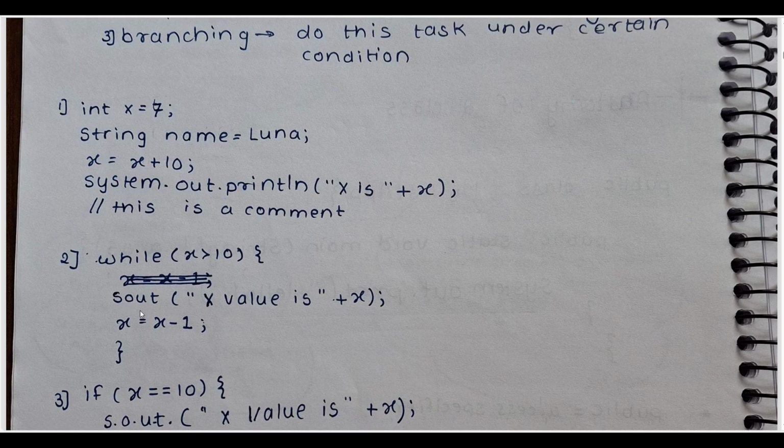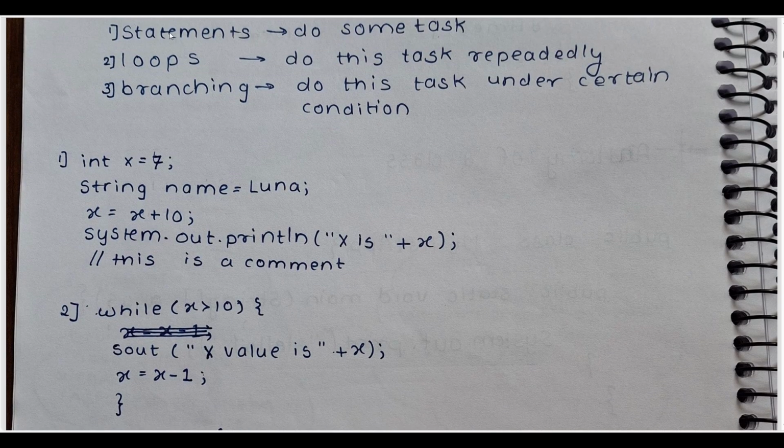This is the short form of System.out.print, and while is a type of loop. You will understand this in further videos, but for now, while this condition is true, it will execute whatever is in these curly braces, and when this condition is false, we'll get out of the loop.